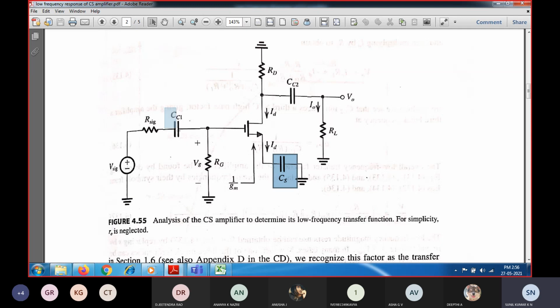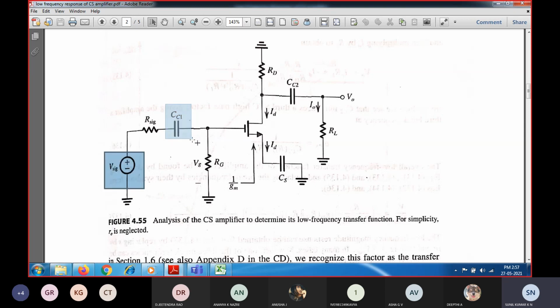So these three external capacitors, CC1, CC2 as well as CS, are going to reduce the performance of the amplifier at the lower frequency. Because of their high value, the impedance will be very high at lower frequency, and as the frequency of the input signal increases, the input signal voltage will be coupled.